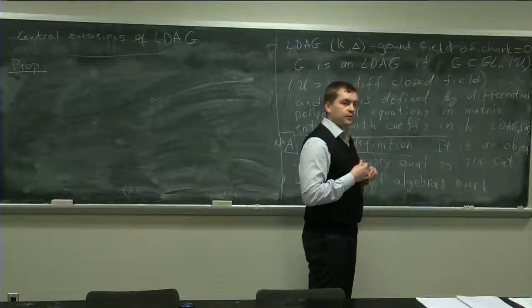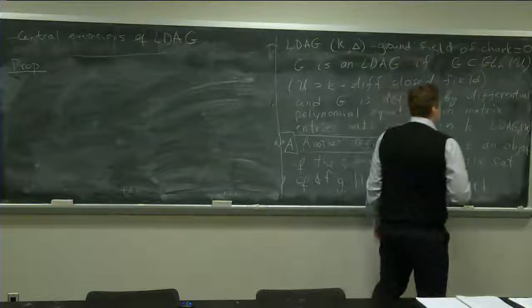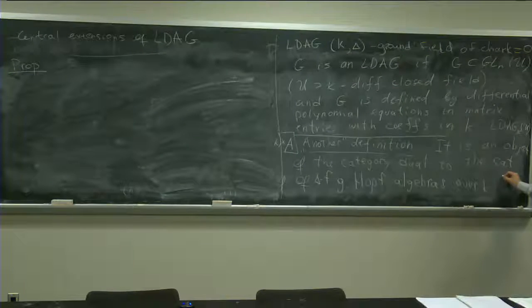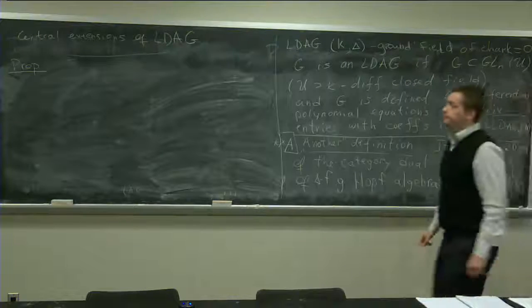For groups, it's the same as homomorphisms of Hopf algebras. For varieties, it's not, unfortunately. And this we denote just LDAG sub k. So this doesn't depend on the choice of U.